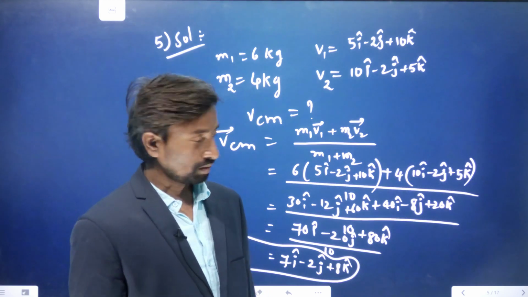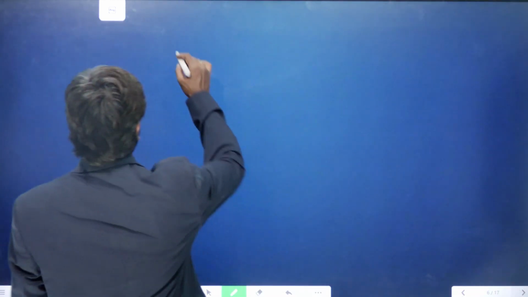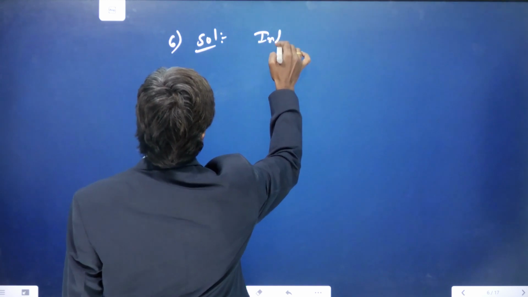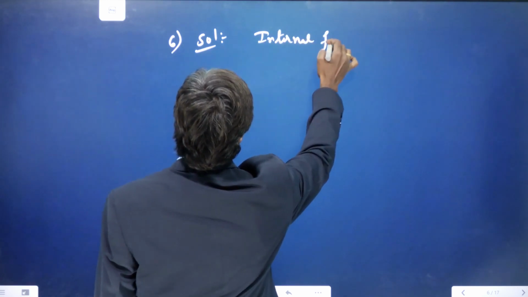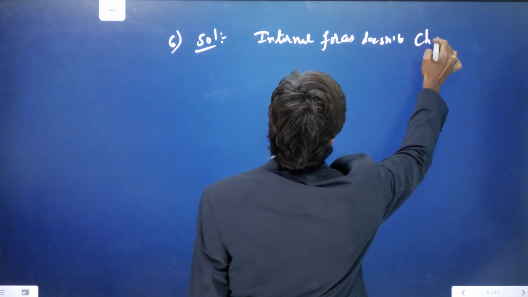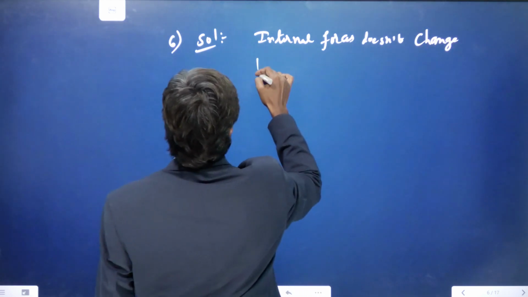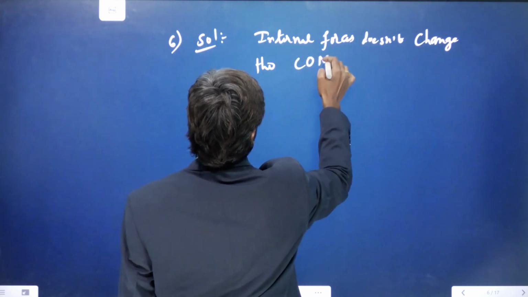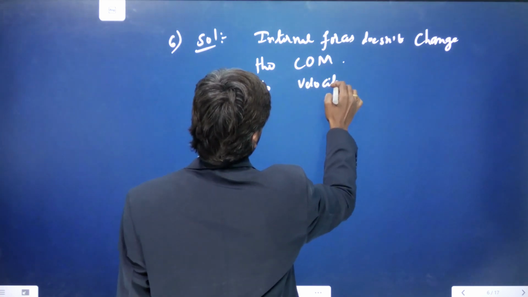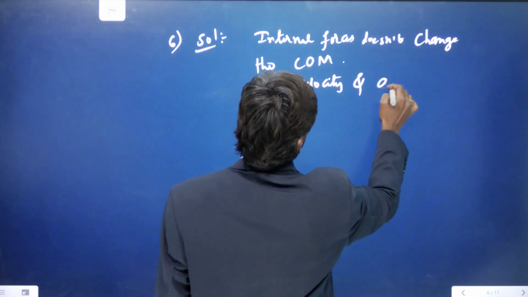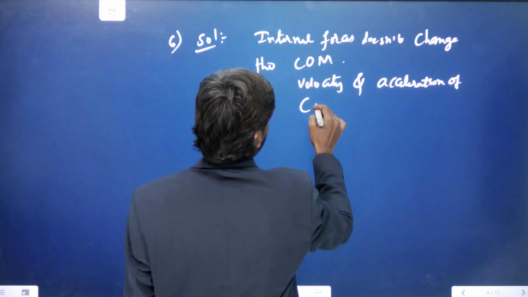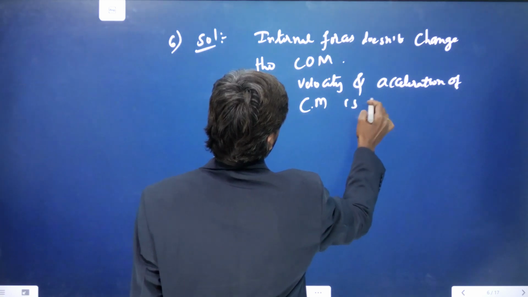We can say directly that, for the sixth one, internal forces do not change the center of mass, so the velocity and acceleration of the center of mass are 0.